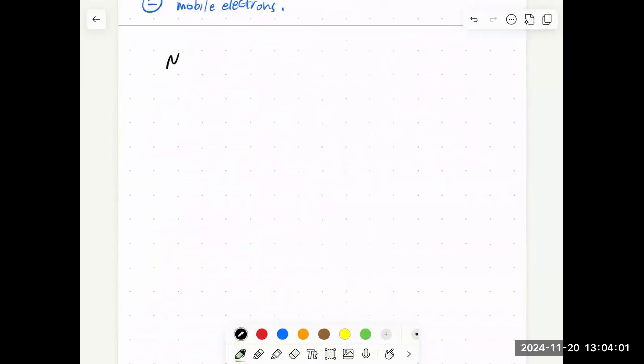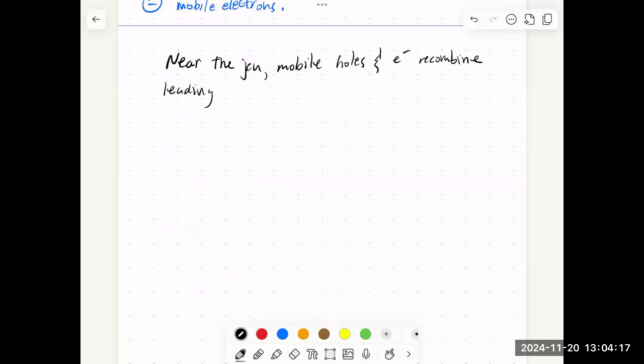So near the junction, mobile holes and electrons recombine, leading to a region near the junction that has an absence of mobile charge.